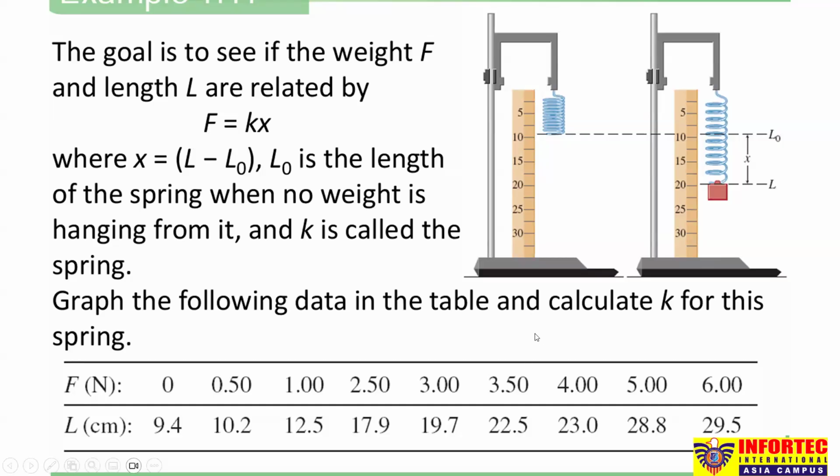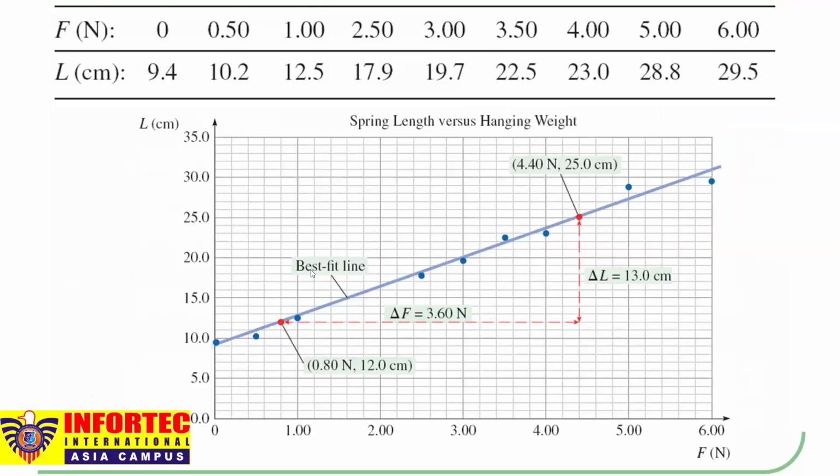Given the data here, graph the following data in the table and calculate K for this spring, right? Then you can see the F values and L values. We can draw the best fit line, going through the gravity point x bar, y bar.